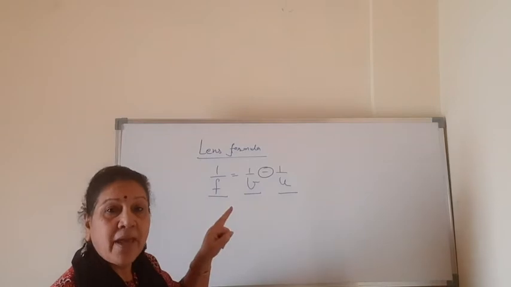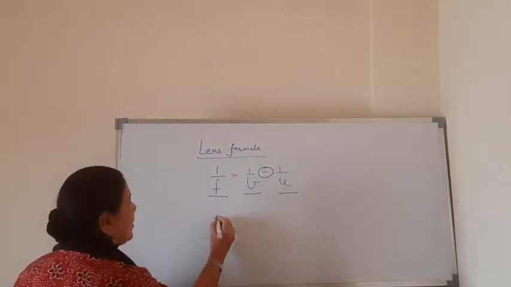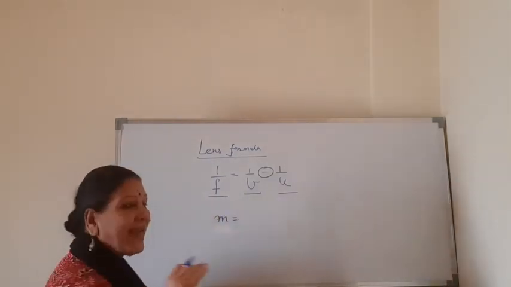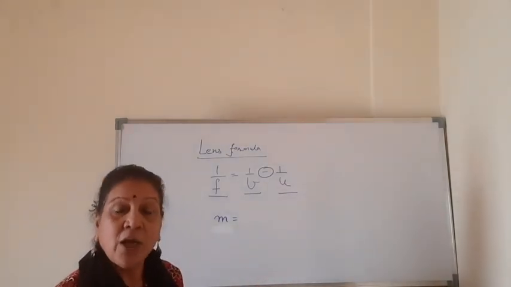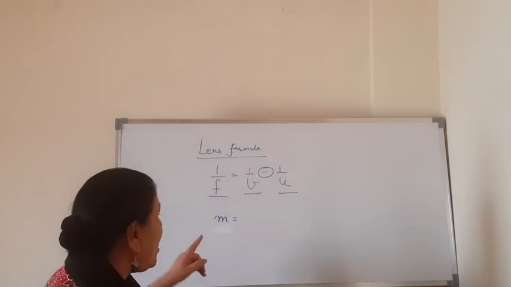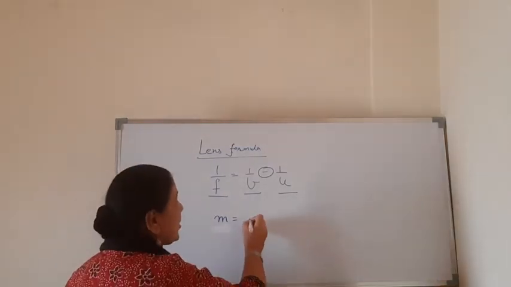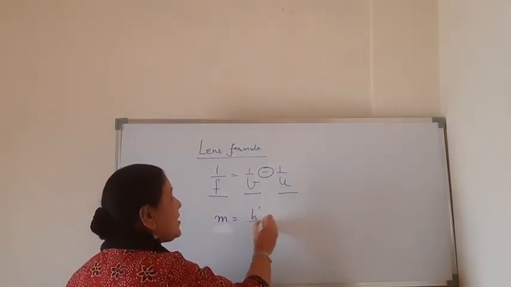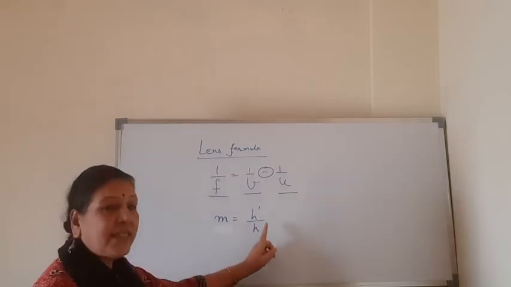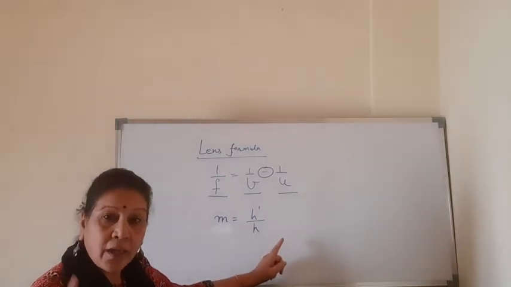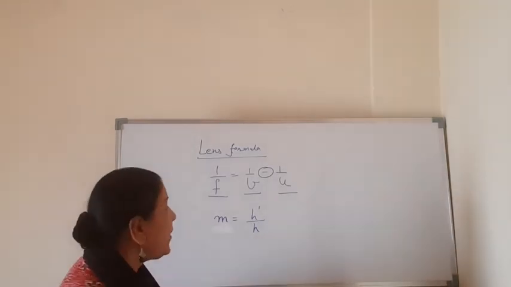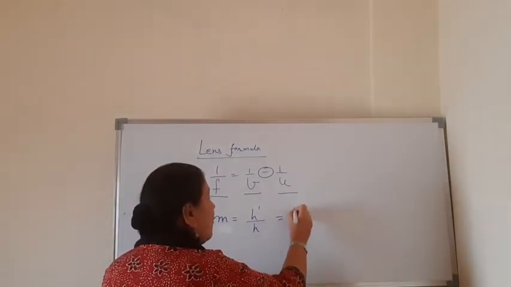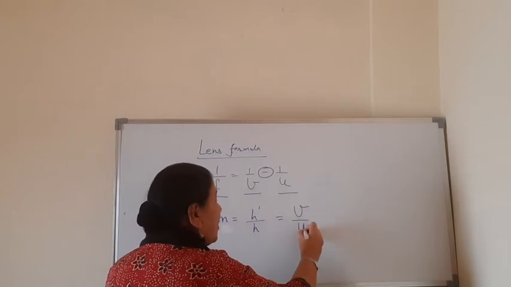So, just remember that. And magnification, to which extent the image is magnified or diminished, this formula gives the magnification. It is equal to h dash by h, where h dash is the height of the image and h is the height of the object, is equal to v by u.